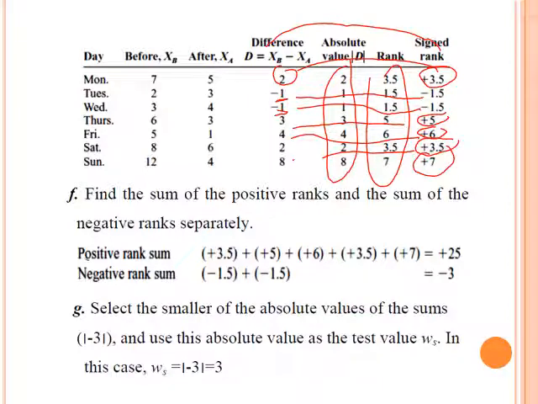So the total positive rank sum equals 25 and the negative rank sum equals -3. We will select the smaller absolute value for the sum. The absolute value for this equals 25 and the absolute value for -3 equals 3. We will select the negative rank sum because it has the smallest absolute value, to be our test value.